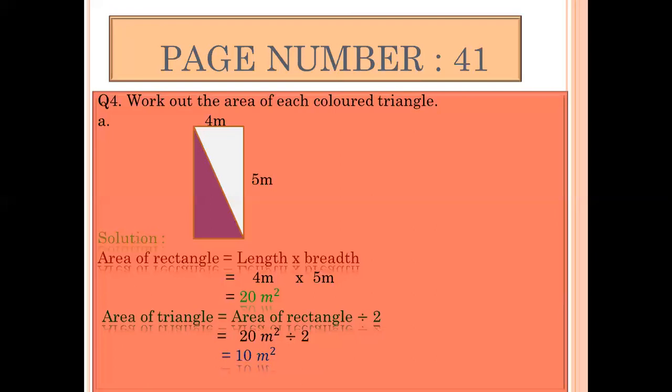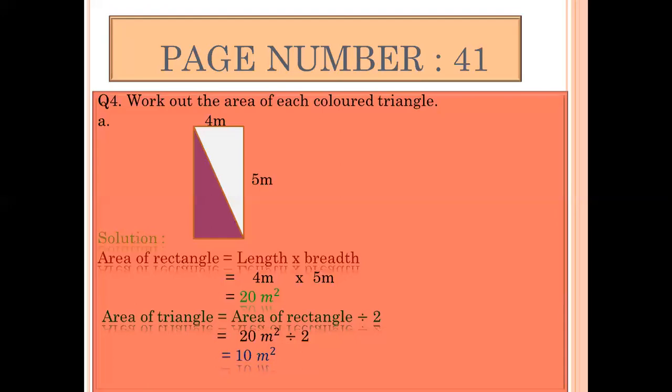Now we divide 20 meters square by 2. 20 divided by 2 is 10 meters square, which is our required answer. Area of the triangle is equal to 10 meters square.